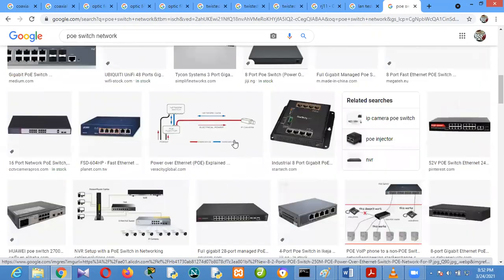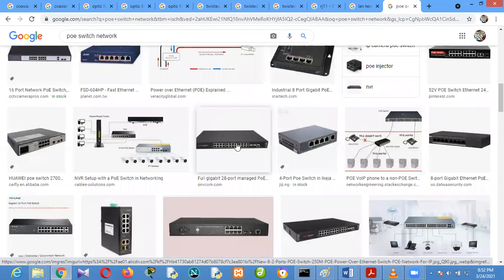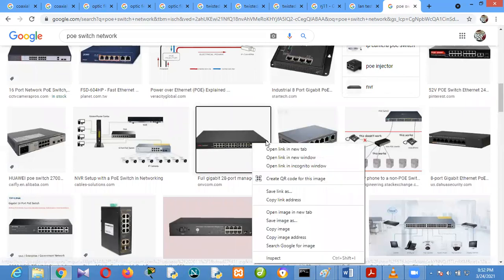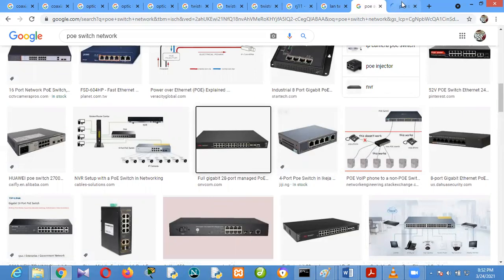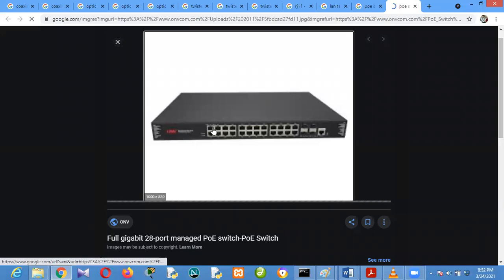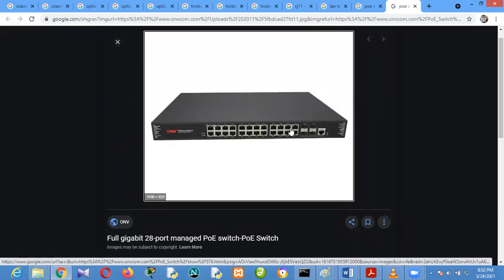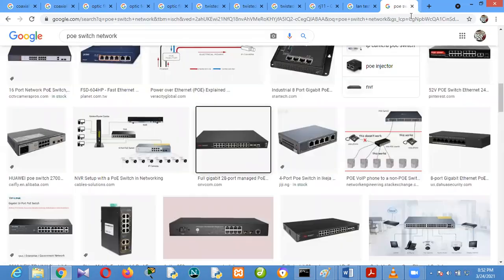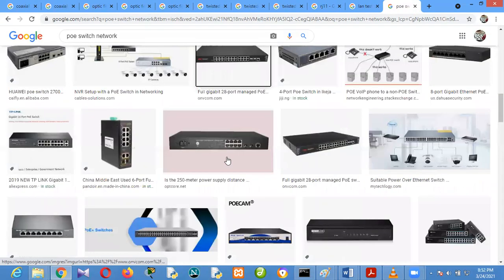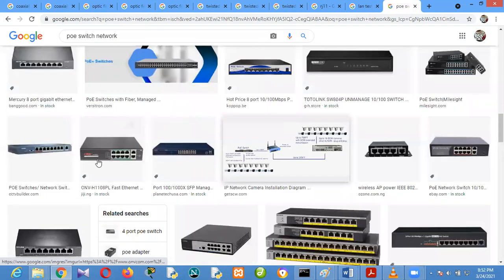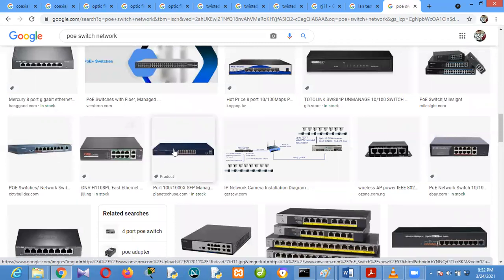Now, this switch can be 24 ports. In fact, it's even 28 ports, 24 plus 4. Sometimes they might say 12 PoE. It means that 12 ports are PoE and 12 ports are not PoE. But some are all PoE. They are always written. If it's not PoE, you will not see it written anywhere.